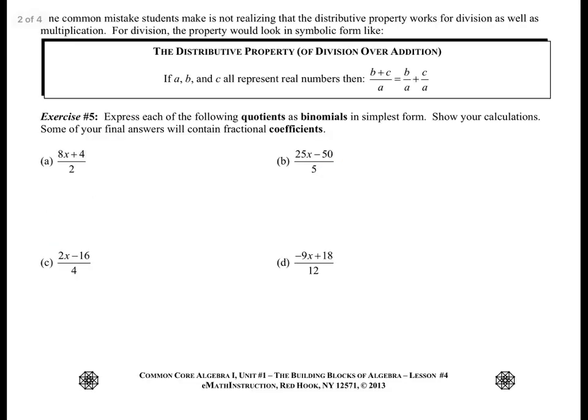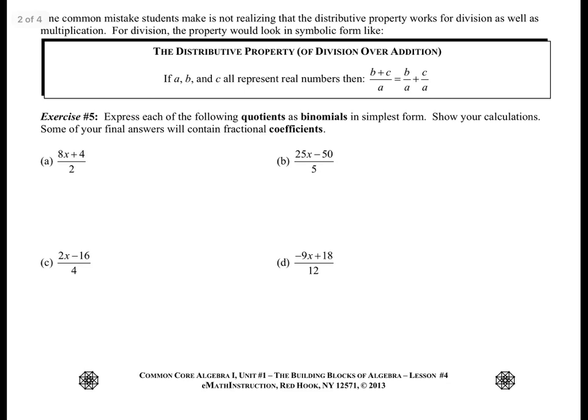One common mistake students make is not realizing that the distributive property works for division as well as multiplication. For division, the property would look in symbolic form like this: if a, b, and c all represent real numbers, then (b plus c) divided by a is the same thing as b divided by a plus c divided by a. So express each of the following quotients as binomials in simplest form. Show your calculations.